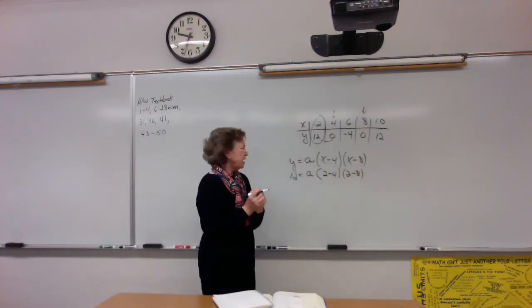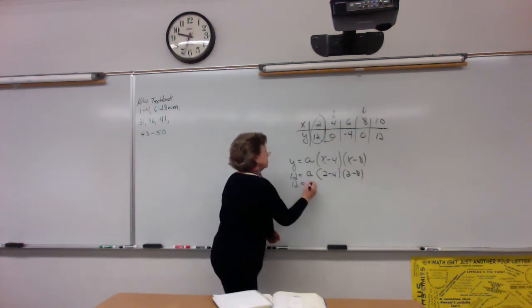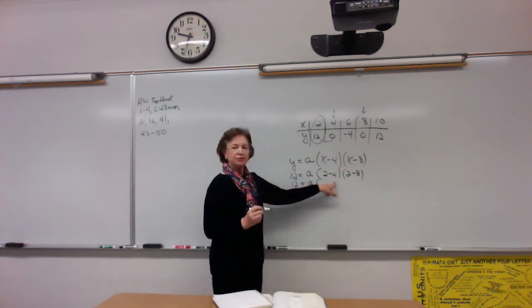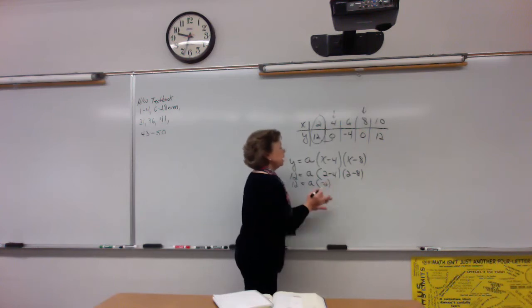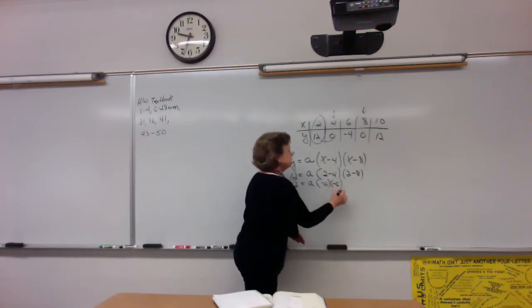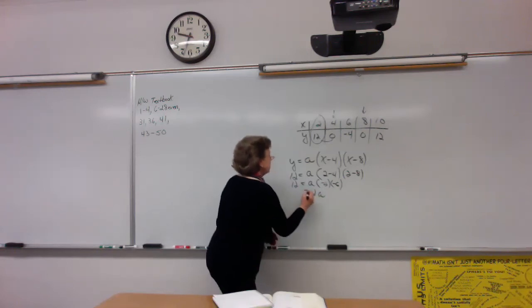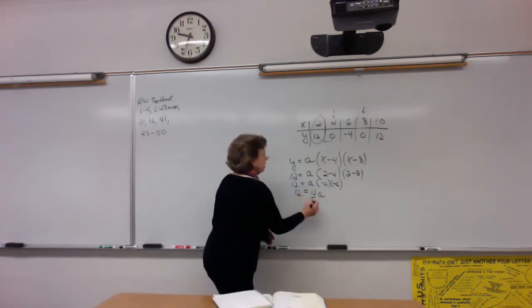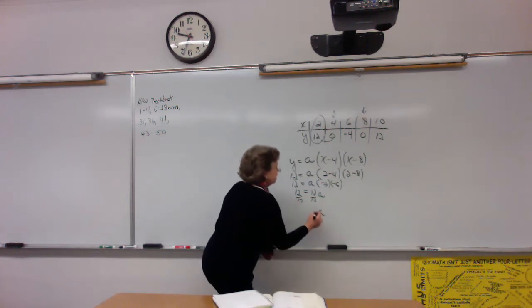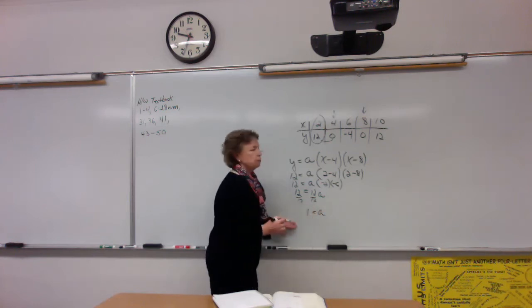And then we see what we have. So 12 equals a times 2 minus 4 is negative 2. And 2 minus 8 is negative 6. And so when I multiply those together, I have 12a equals 12. And that means that a equals 1.